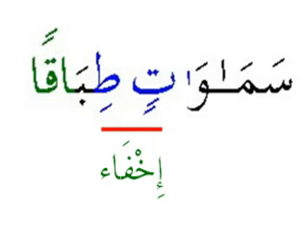So this can be difficult, so try to just keep your tongue away from the actual articulation point, so keep your tongue off of the roof of your mouth. So this would be Samawatin Tibaqan.